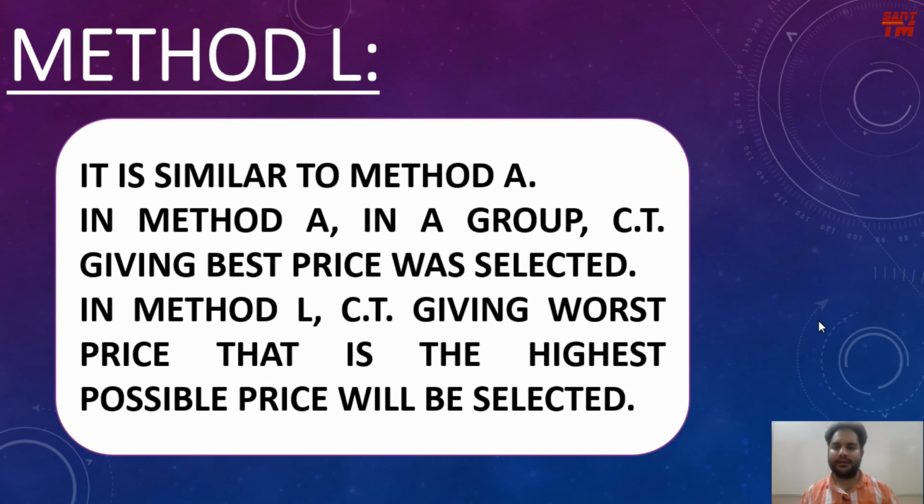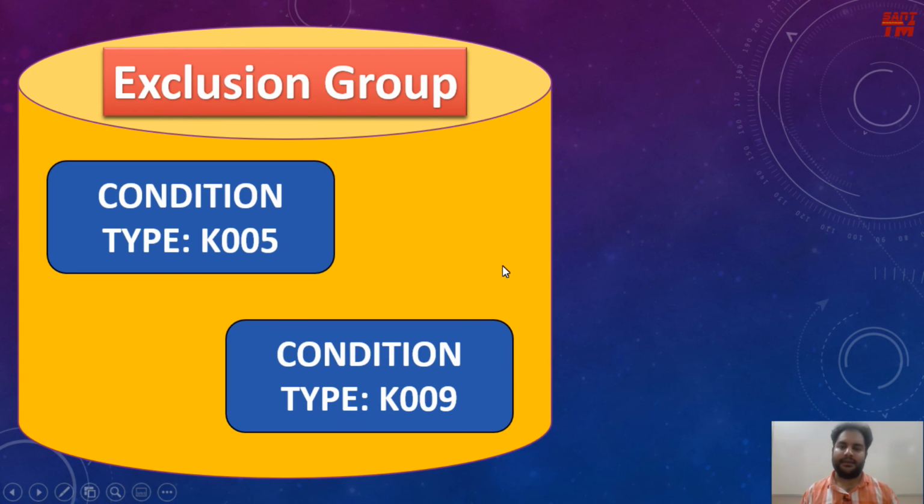Okay. Now here is method L. Method L says it is similar to method A. In method A, in a group, the condition type giving the best price was selected. In method L, the condition type giving the worst price, that is the highest possible price, will be selected. See, this was the scenario for method A, where in an exclusion group we compared two condition types. The condition type giving the best price was selected.